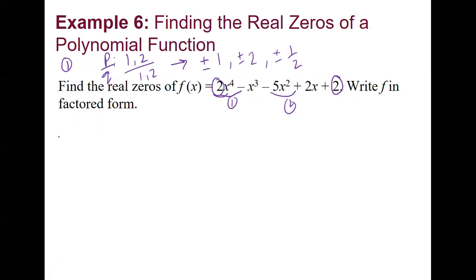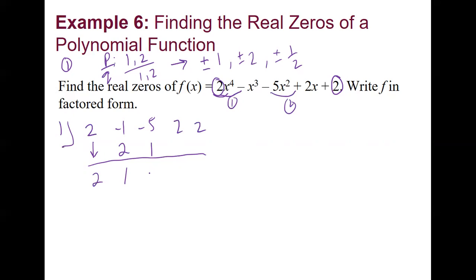All right. Where do we want to start? We're going to start with 1. Always the easy number to start with, right? Write out my coefficients. 2, negative 1, negative 5, 2, and 2. I'm going to bring down the 2. 1 times 2 is? Negative 1 and 2 is? 1 times 1 is?